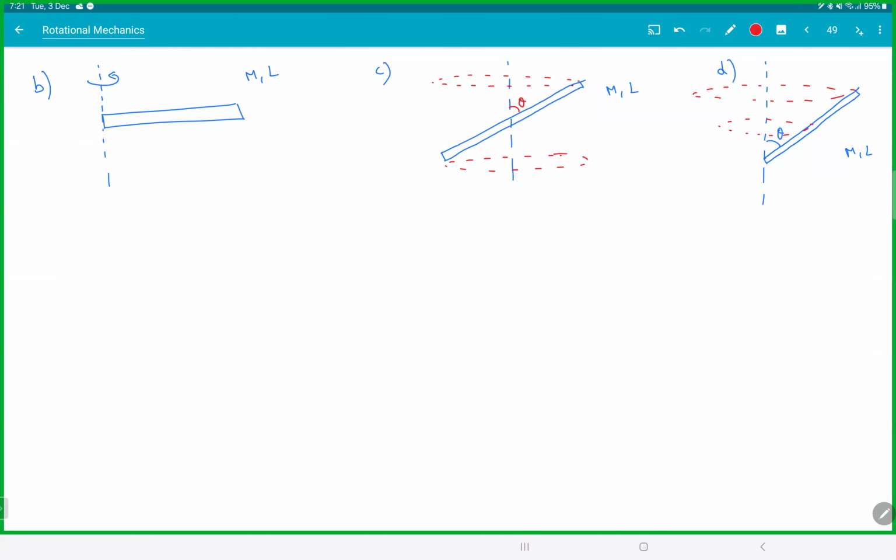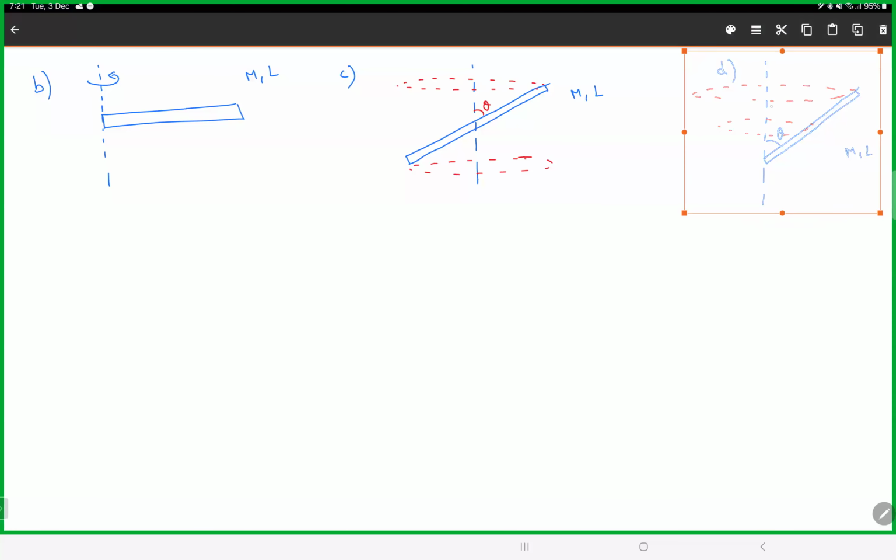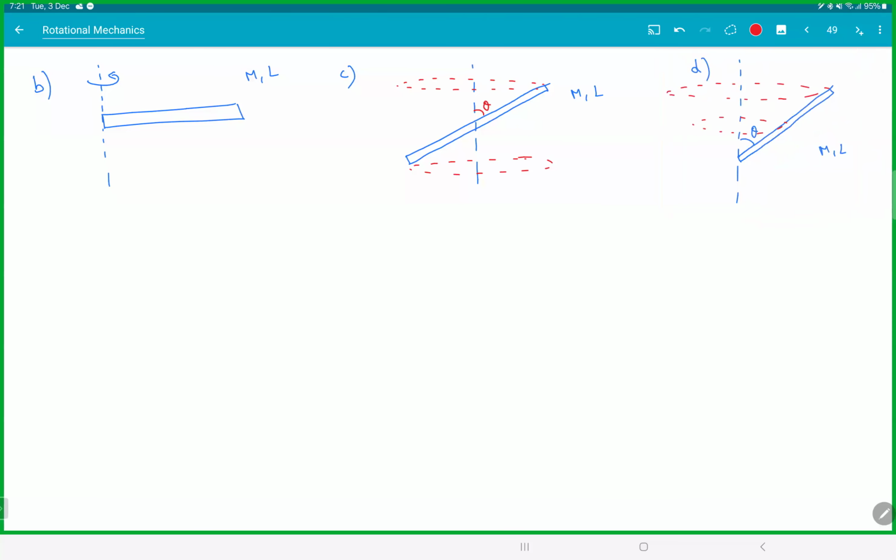Get the moment of inertia for these three. Try. First one is easy. Get the remaining two also. I'll give you a minute. Yeah, most of you got the first one. That's the standard result.